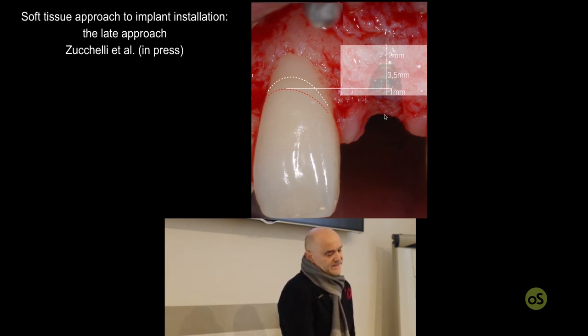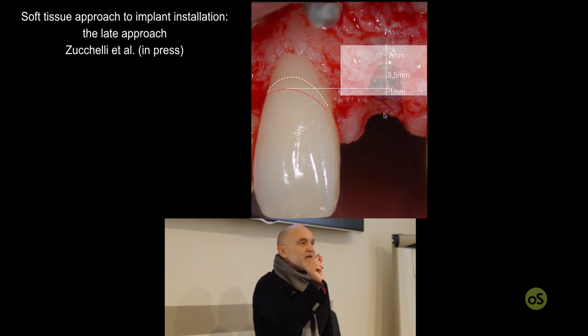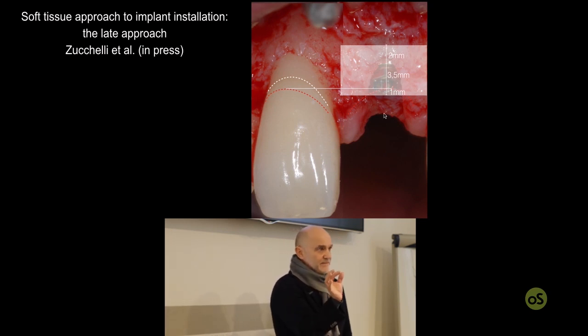As you can see, we make a very, very small punch only in the middle of the edentulous area, and this small punch is of the same diameter as the implant site, so 3.7, okay, 3.8.